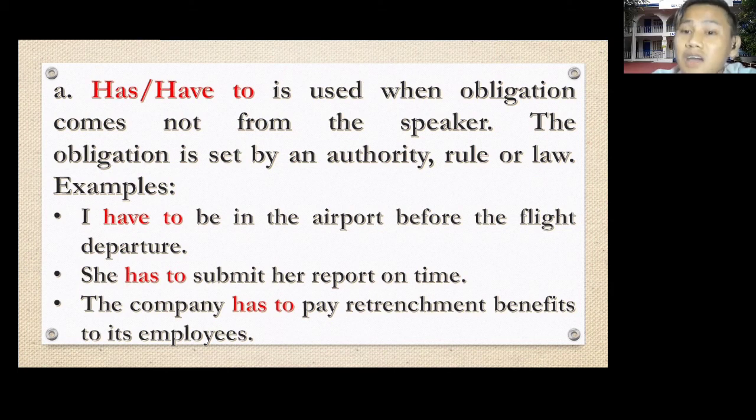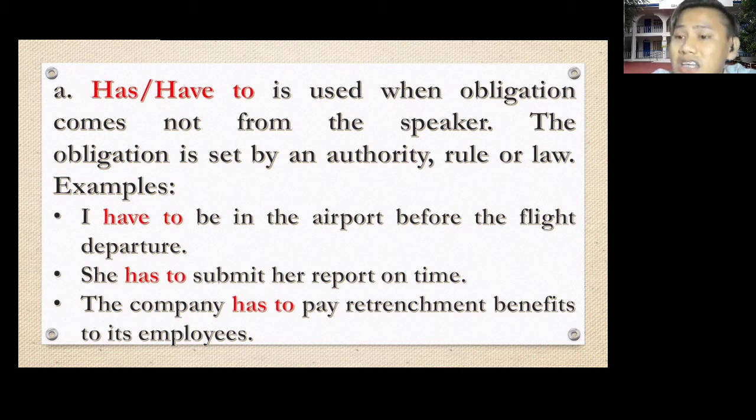Okay, so the obligation comes not from the speaker. When we say speaker, the one who is speaking. And lastly, the company has to pay retrenchment benefits to its employees. Why is there a need for them to pay the retrenchment benefits of their employees?